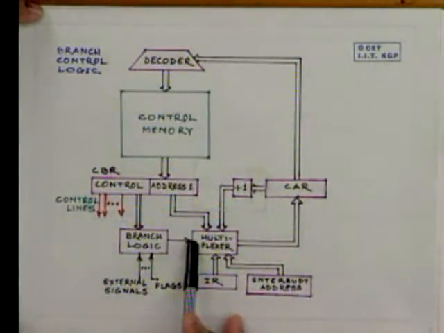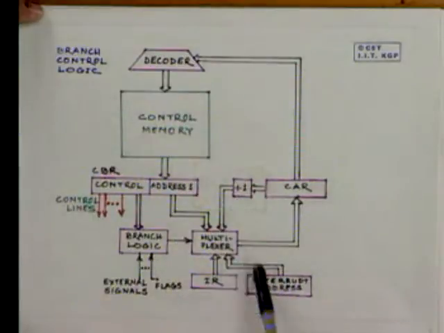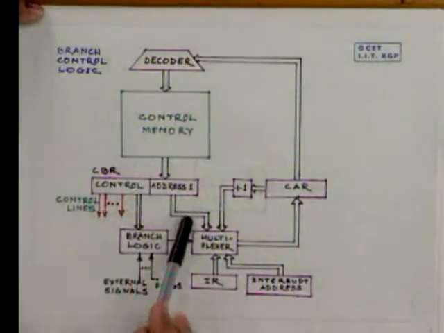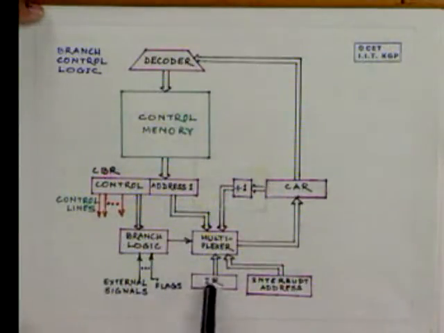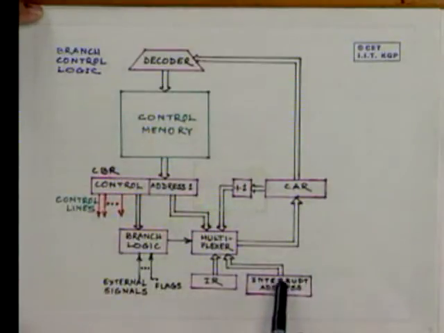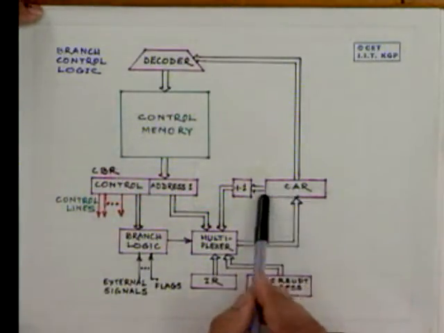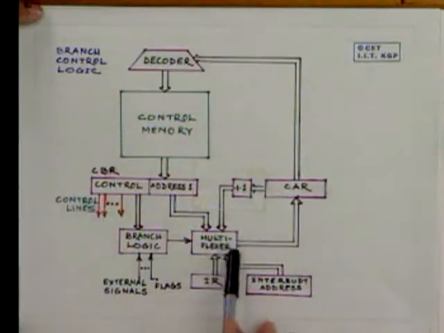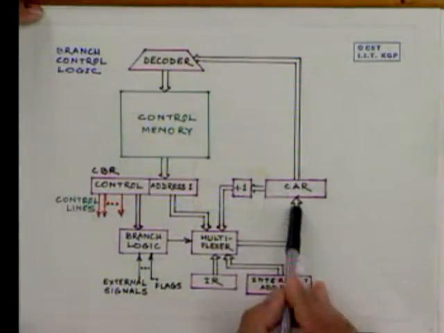And that decides out of these 4 possible ways: the address that comes from the control memory, the one decided by the instruction register itself, the interrupt handler address, I should say, the program that handles the interrupt, and the control address register incremented. Any of these is now channeled through this multiplexer into the control address register.